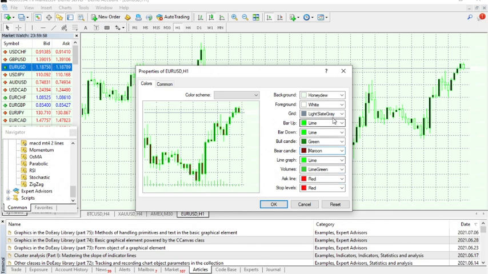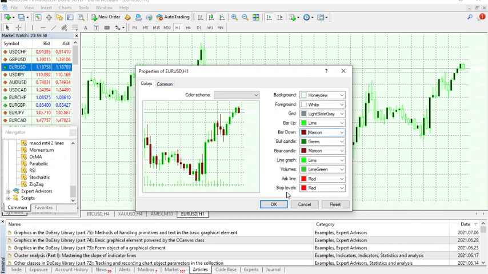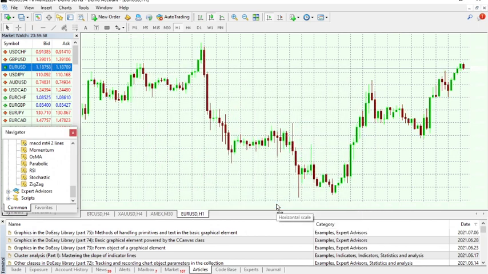Then this is the line graph, which is green. Bar up is a bull candle line, which is supposed to be green. Bar down is a bear candle line, which is supposed to be red. Okay, now we've gotten it right.